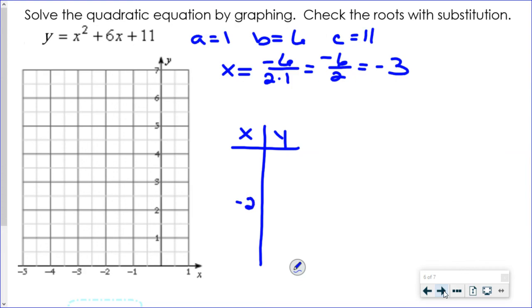So -3, whoops, -2, -1, -4, -5. I just have to make sure I get them all in there. Okay, now in parentheses, -3 squared in parentheses plus 6 times -3 plus 11. And that gives me a 2 here.